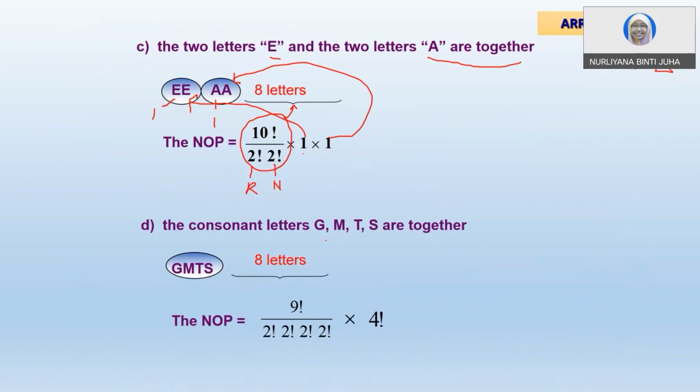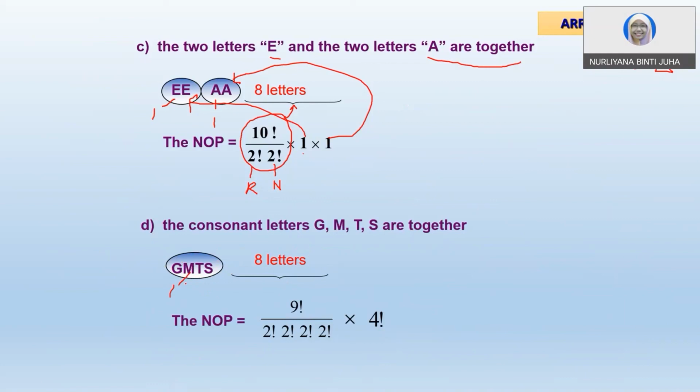So, kalau dia duduk sekali, we consider it as 1 unit tadi. So, this is 1. 1 plus 8. The remaining 8 letters. Kenapa tinggal 8 letters? Sebab altogether you have 12, you dah tolak dengan 4 this one. So, yang tinggal cuma 8 letters.